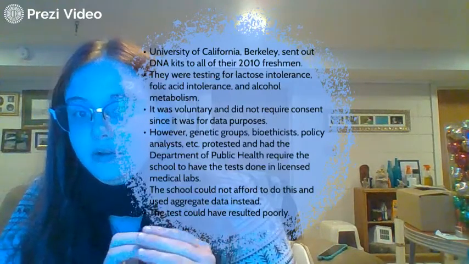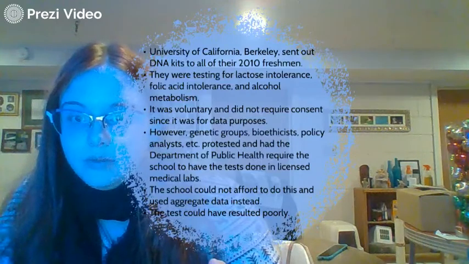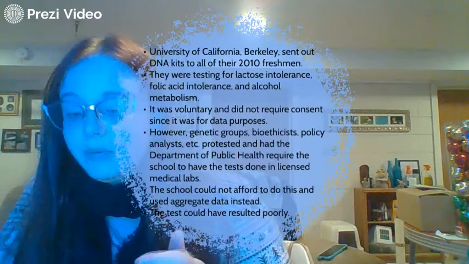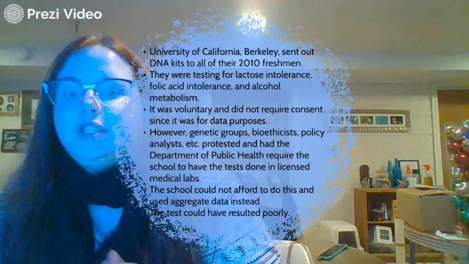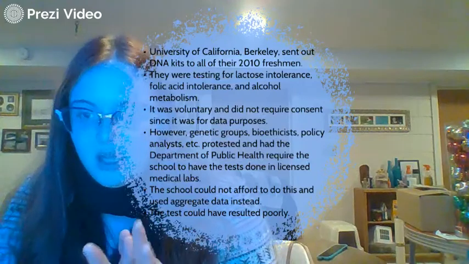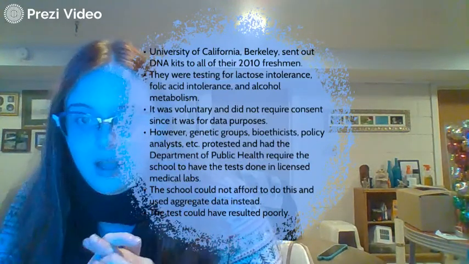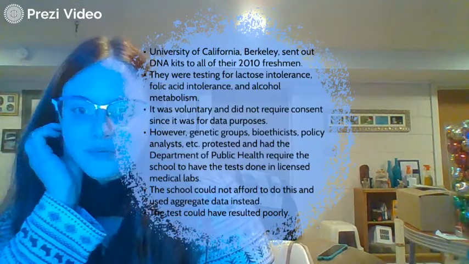It was voluntary, and because it was for data purposes, they didn't require any consent. But a lot of genetic groups and bioethicists, people who look at policies, were protesting because they found it against people's rights to just have this data be collected.